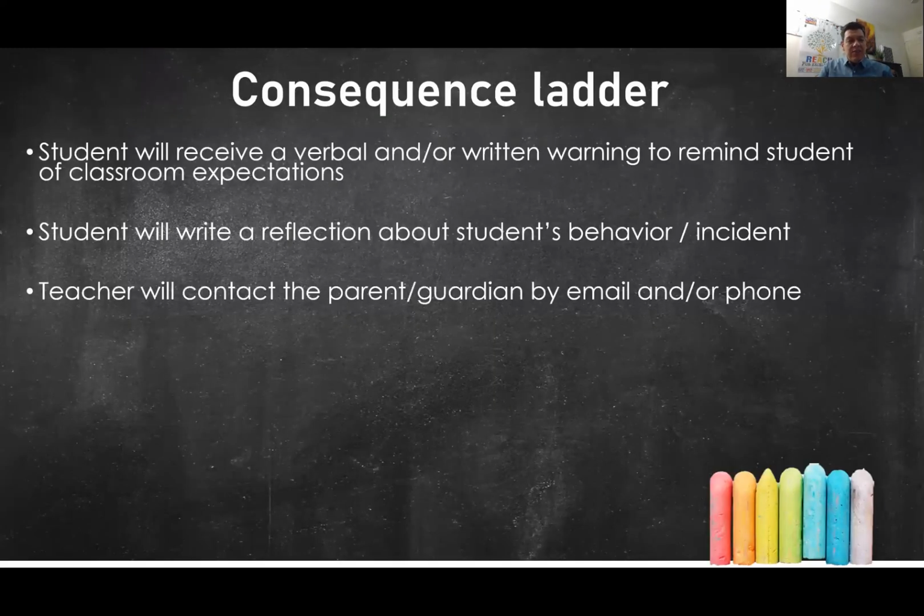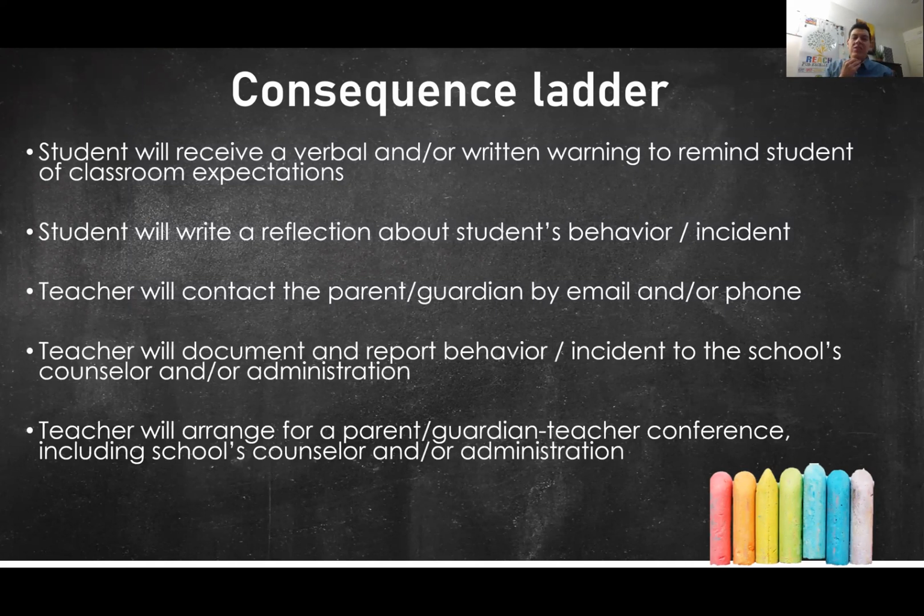Here's the consequence ladder. My first step is always to give students a verbal warning, and/or in writing. And I usually take that as an opportunity to discuss with the student our classroom expectations, and to highlight what went wrong at the time.